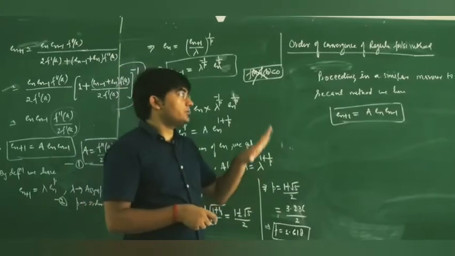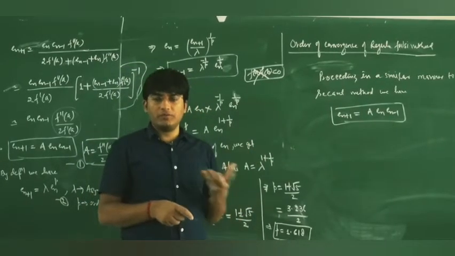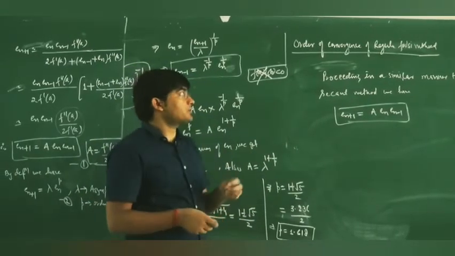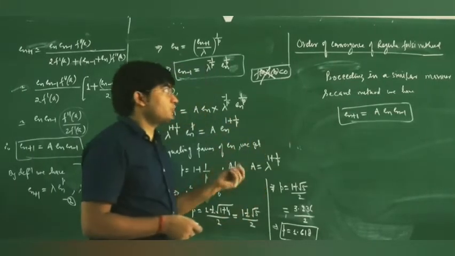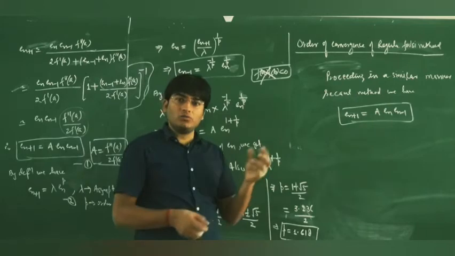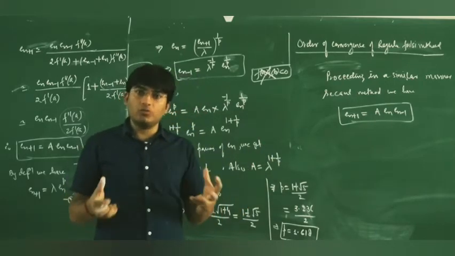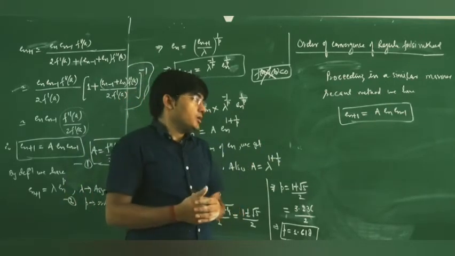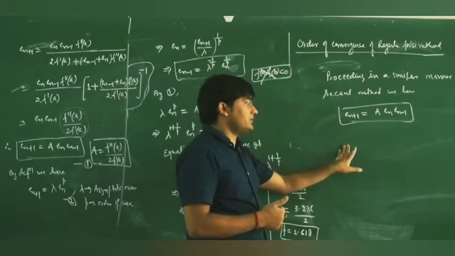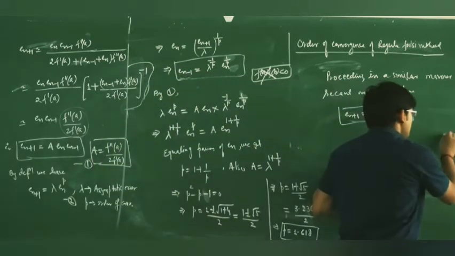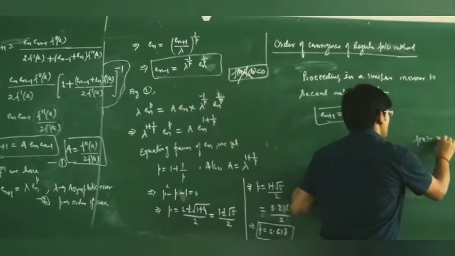I have already shown this in my previous problem when I was solving the problem based on this Regula Falsi method. At that time, I have shown that in Regula Falsi method, one of the end points of the interval will remain fixed. So, as in Regula Falsi method, that means if this is f(x) equal to, say, this equation.